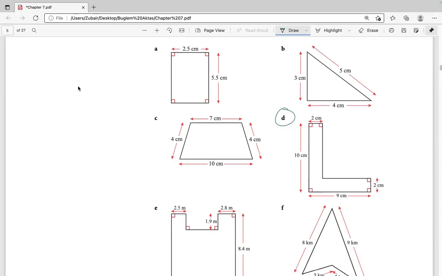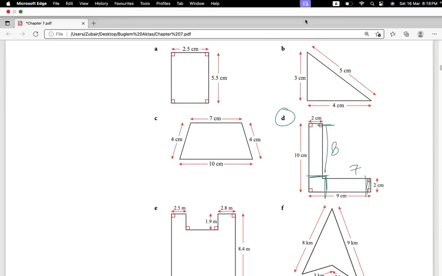Let me check that. That is 10 plus 9 plus 2 plus 2 plus 8 plus 7 is 38. Oh, very good. So you knew that this section was 8 and this section was 7.